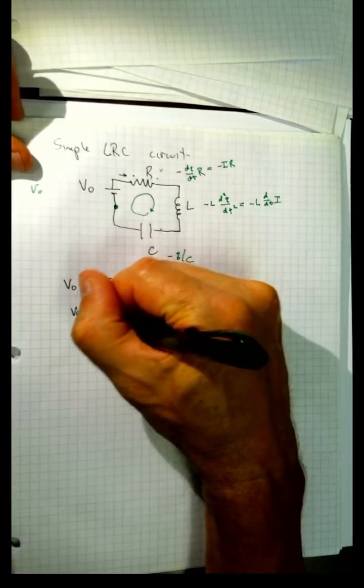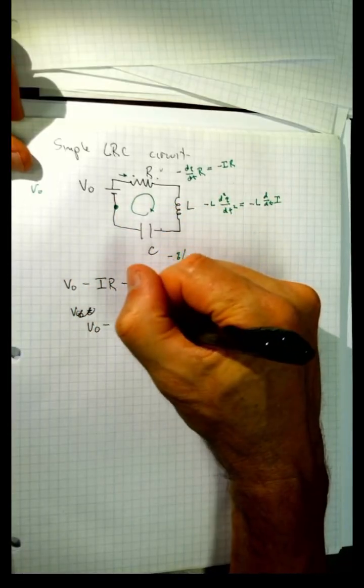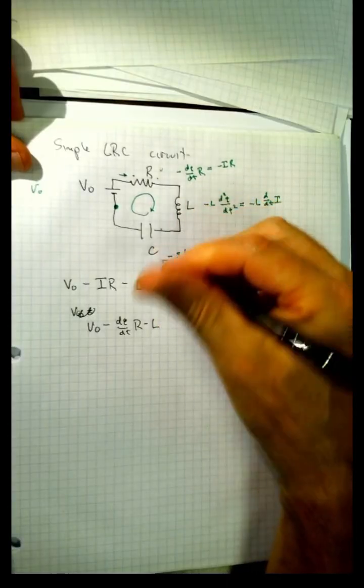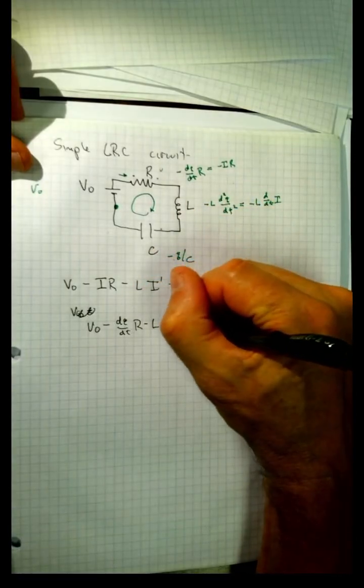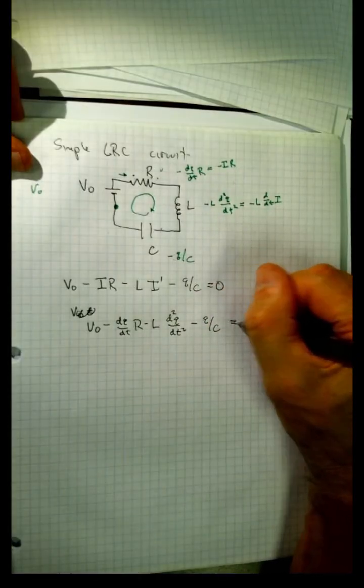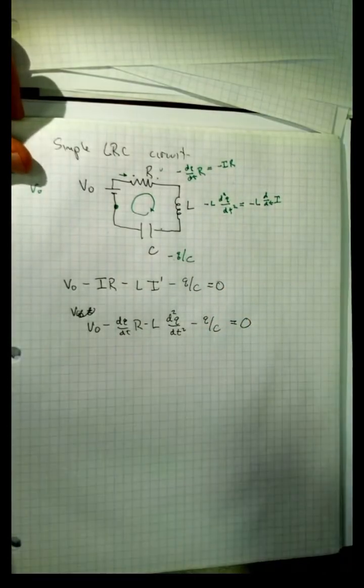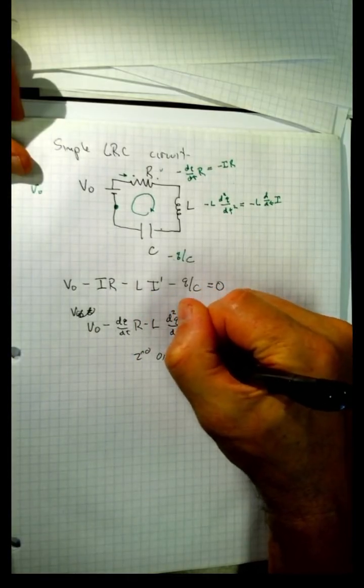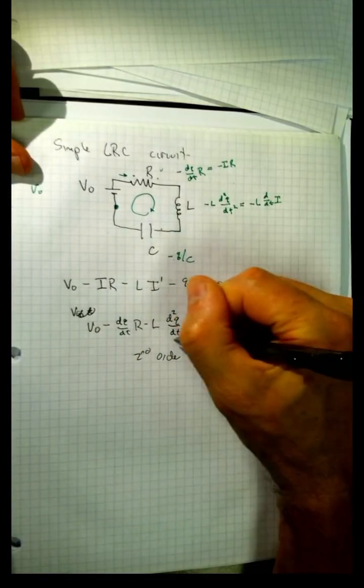Oops, sorry. But I is going to be dq dt. I prime is going to be the second derivative of q. And then we just have q. And now I have a second order ODE because of that term.